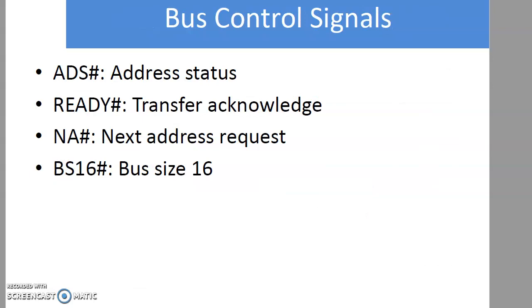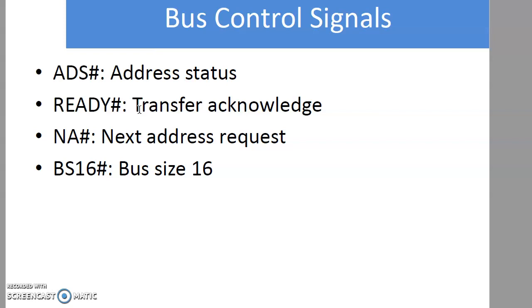So speaking of the bus control signals, we have ADS bar that gives the address status. When ADS bar has 0 value, that is active, it indicates that a valid address has been loaded into the address bus. Ready bar is a transfer acknowledge signal. When ready bar is active, that means a 0 low value is there in it, at that time only the data transfer can start.